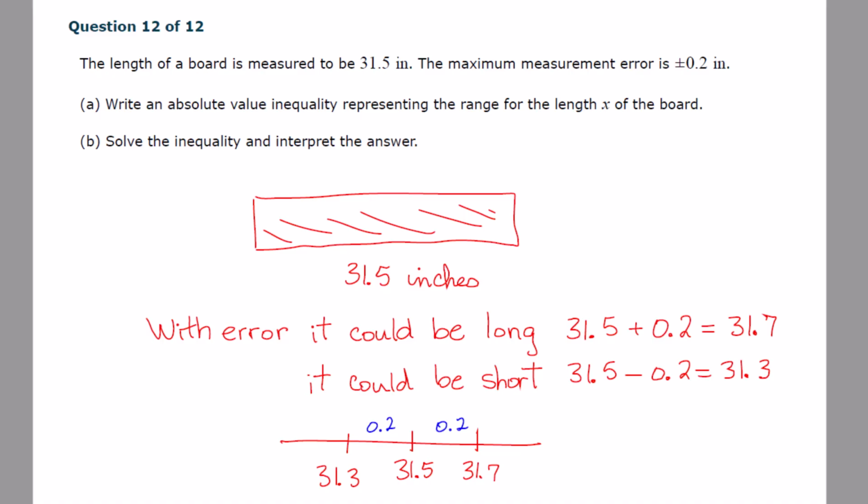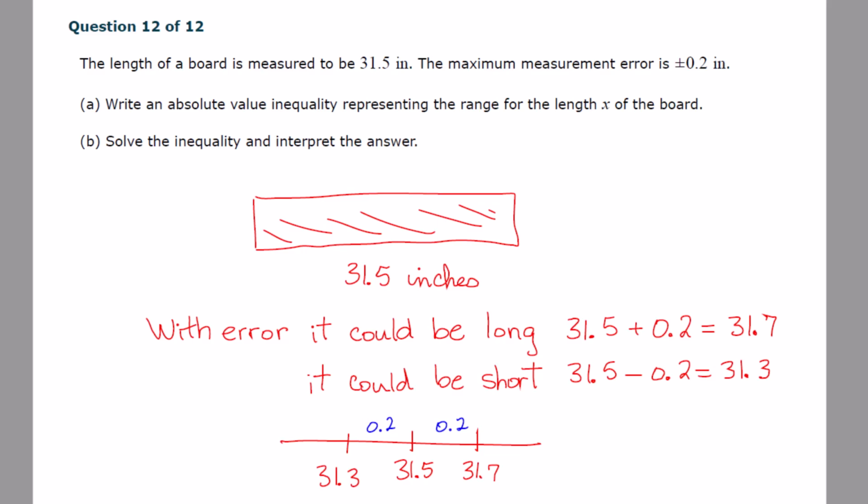Here it's plus or minus 0.2 inches. So what that means is with the error, the length could really be 31.5 plus that number, or it could be 31.5 minus that number.